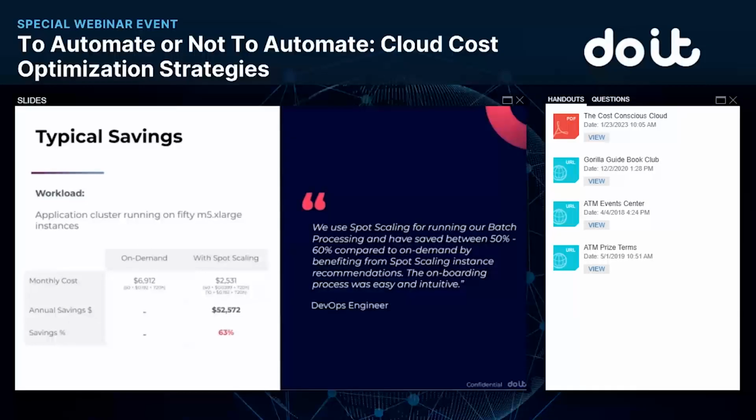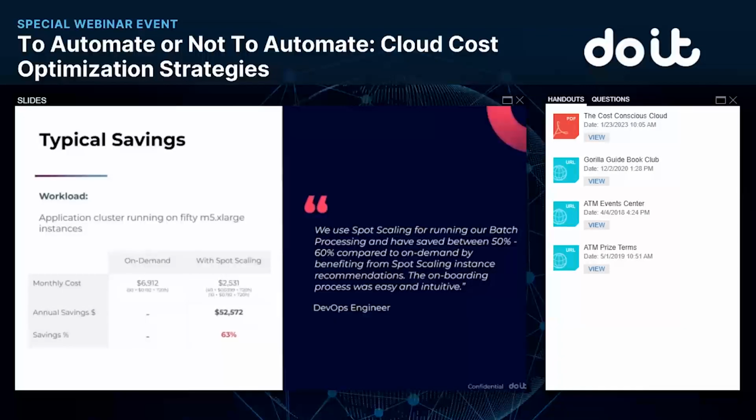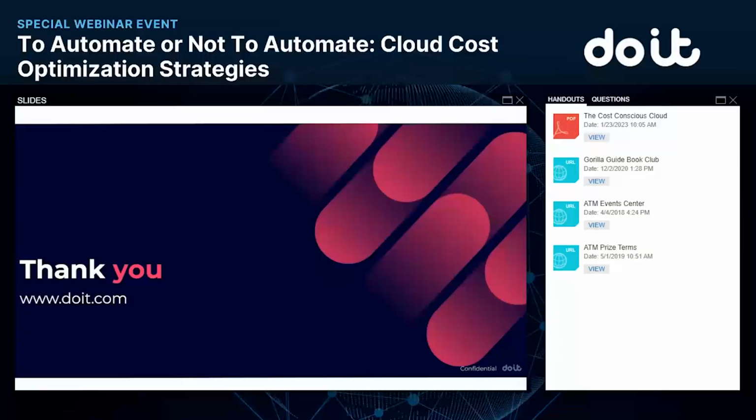And the remaining 10 will be running on regular on-demand prices. So when all is said and done, that comes out to an overall savings rate of about 63%. Extrapolate that over the course of the year, and you're talking about over $50,000 in savings just for this application cluster alone. So that's all we have today, and thank you so much for your time.